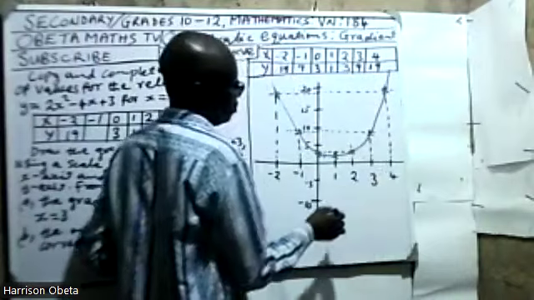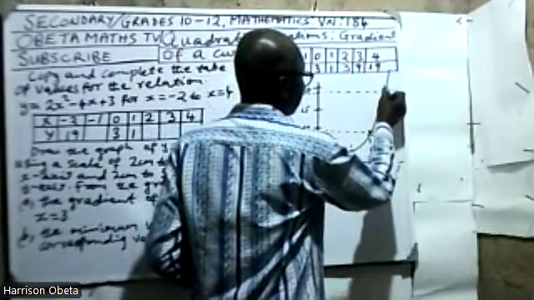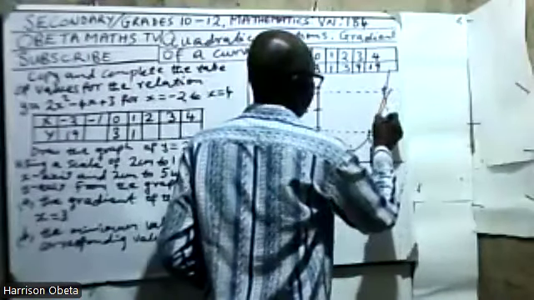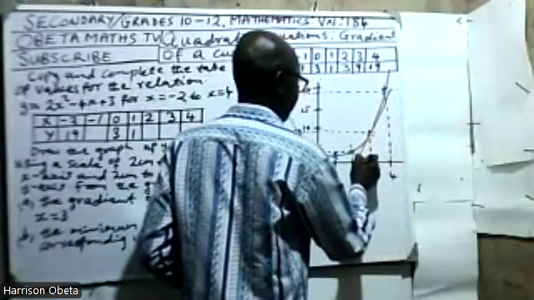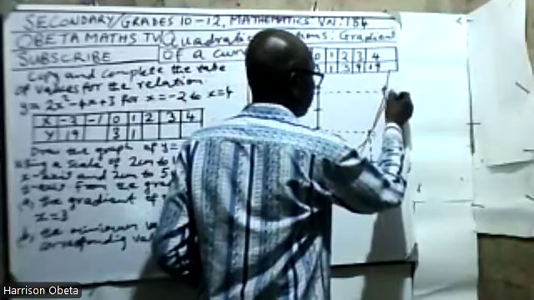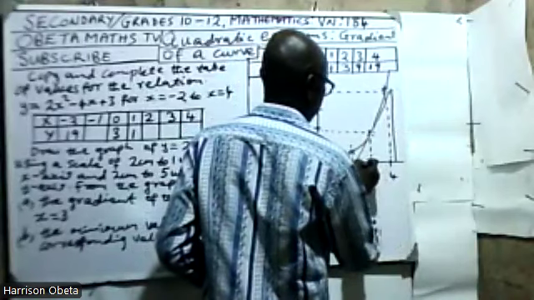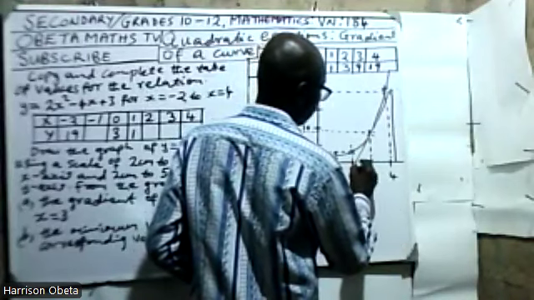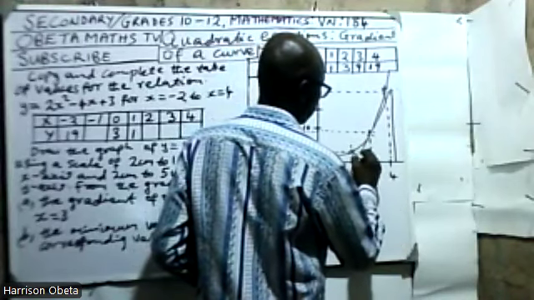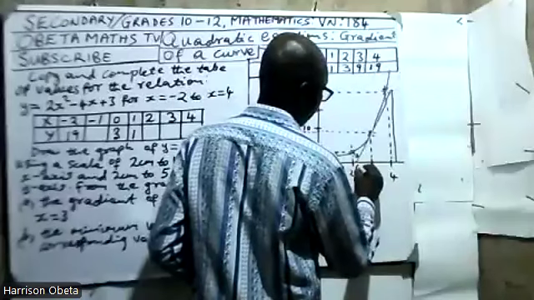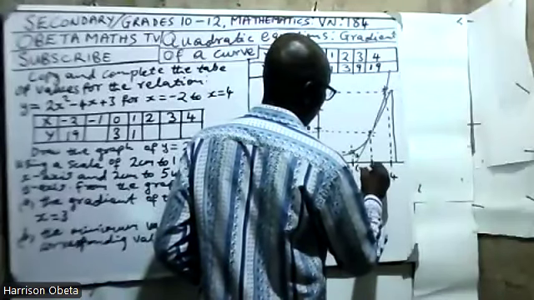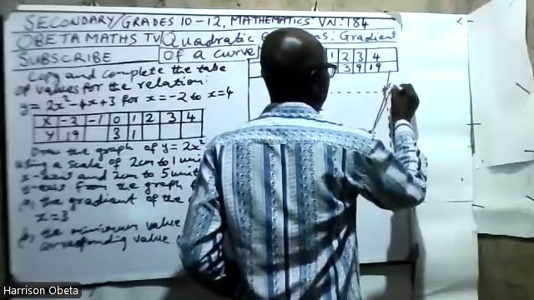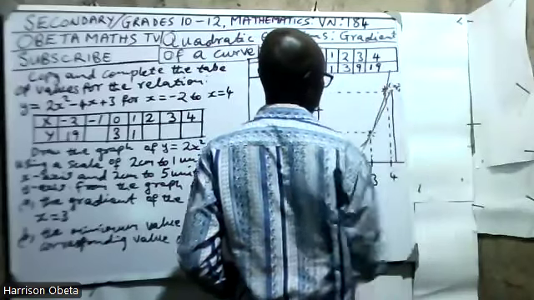And then, so let us take this, for instance, and then we take this. So for this point, I can call this A. For this point, you have x1, y1, and then at this point, you have x2, y2.